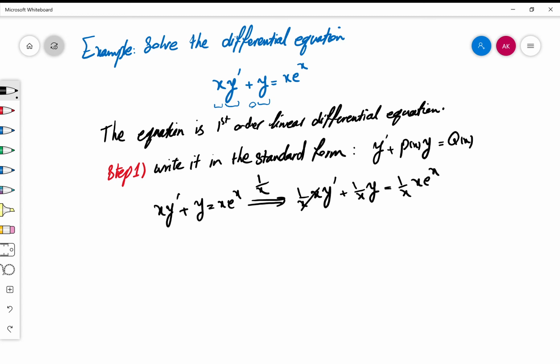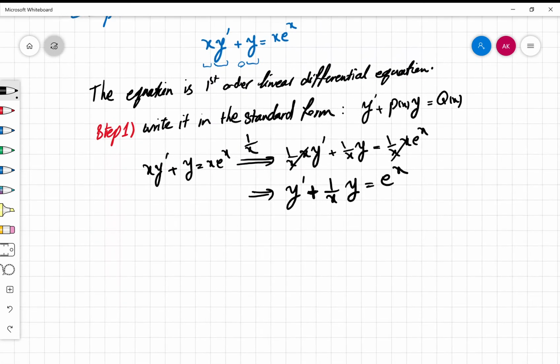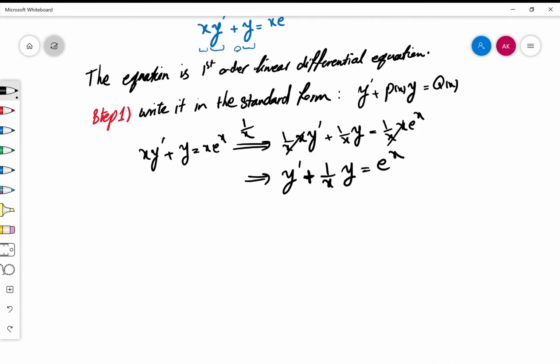Okay, so these two cancel, and then what we find is y prime plus 1 over x times y equals e to the power x. That right away gives you the standard form, and in particular you can see that p(x) is 1 over x and q(x) is just e to the power x.